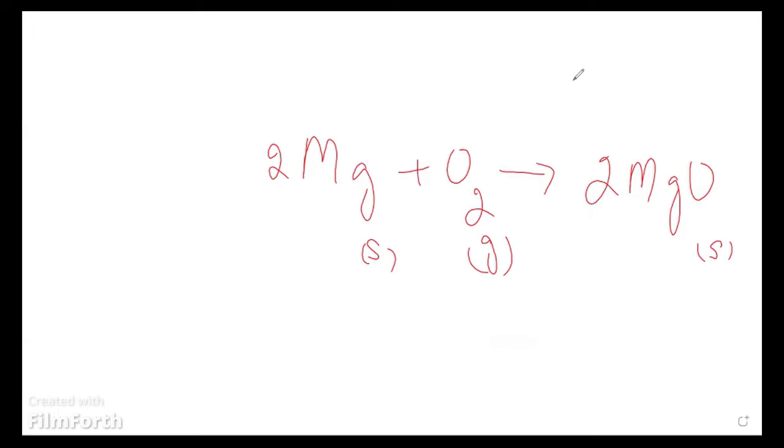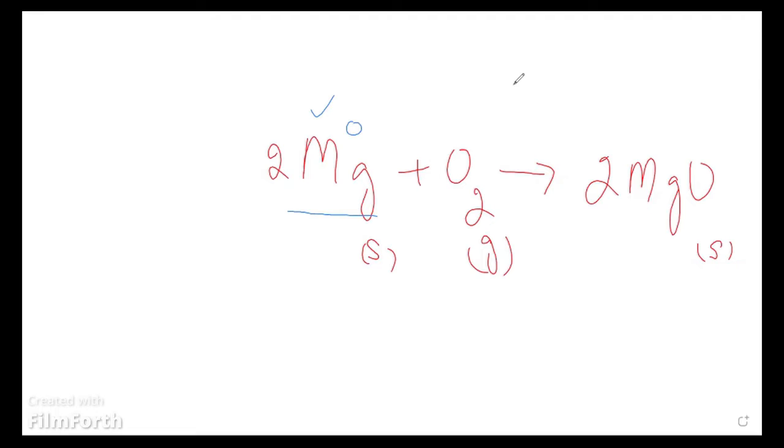Now, Abdullah will tell me what is the oxidation state of magnesium here, beta? The oxidation state or oxidation number of magnesium over here is 2 plus. No, beta, it's a free element here. Here it has zero oxidation state.